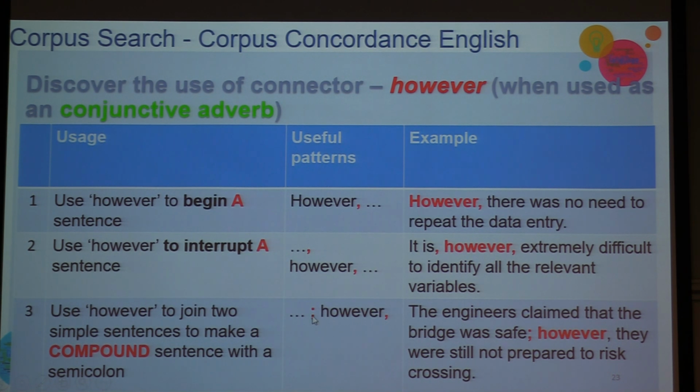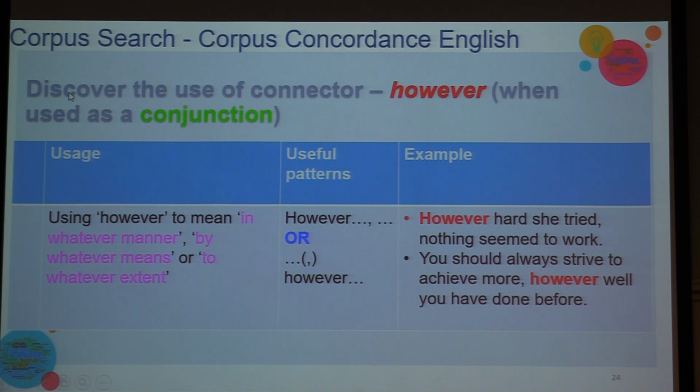Or you can use a semicolon, and then "however," comma. This use is very similar to the first usage. So in all these three situations, "however" is used as a conjunctive adverb. There's only one use when "however" is used as a conjunction.